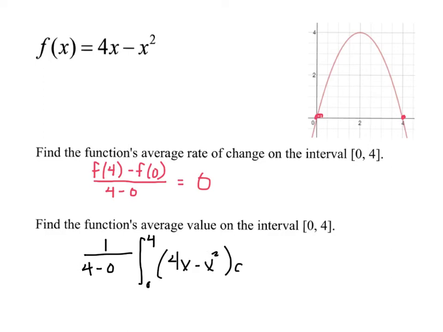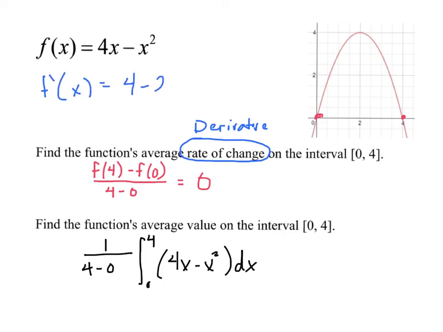Now you can all calculate that, and I'm not going to do that for you on this video, but I did want to just mention this. Rate of change means derivative, right? So some people look right away and they say, well, f prime is equal to 4 minus 2x.